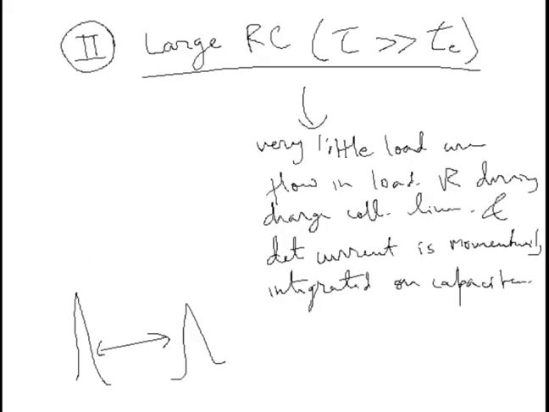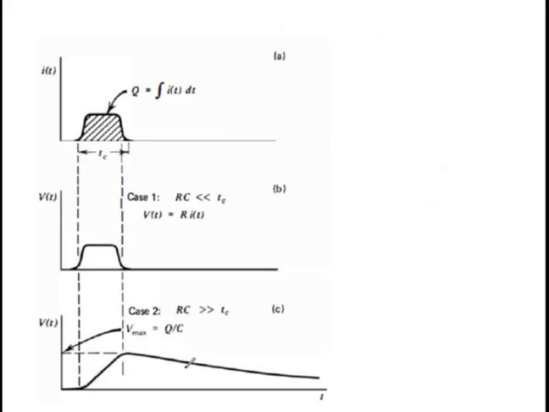Let me show you. Here you can see how the pulse looks like, the capacitor discharging. And here you can also compare the three cases: the hypothetical case, the small r, case 1, and also case 2.